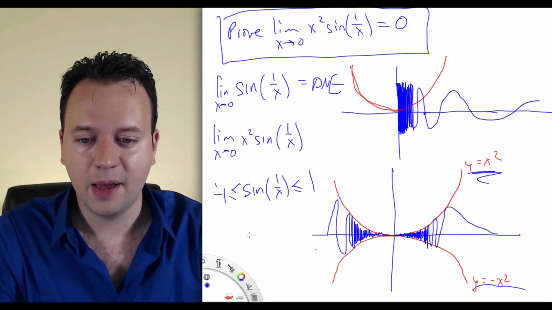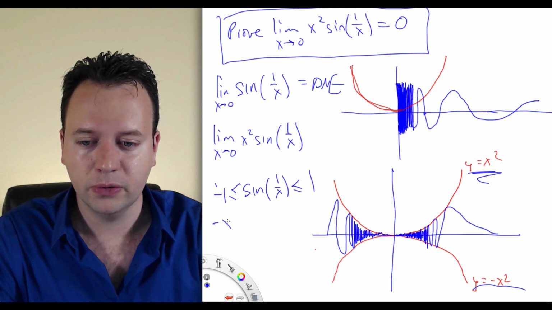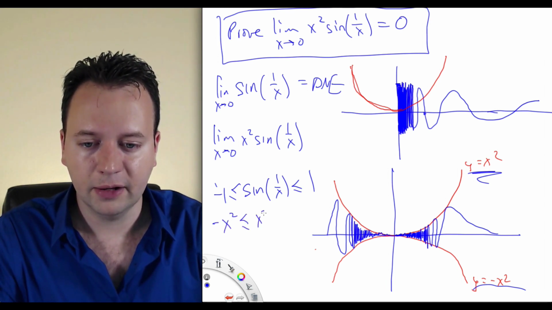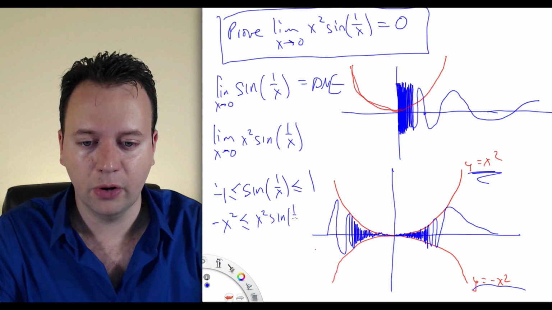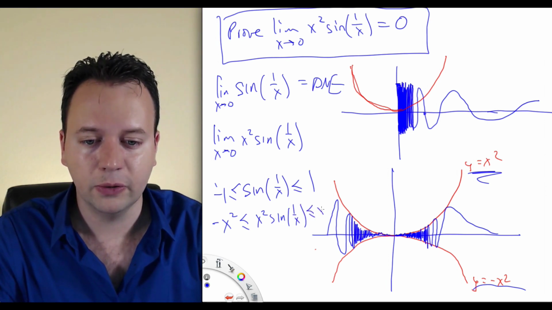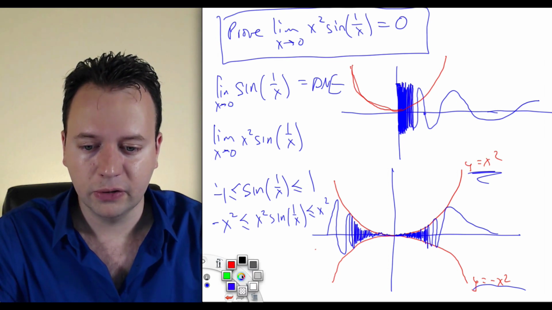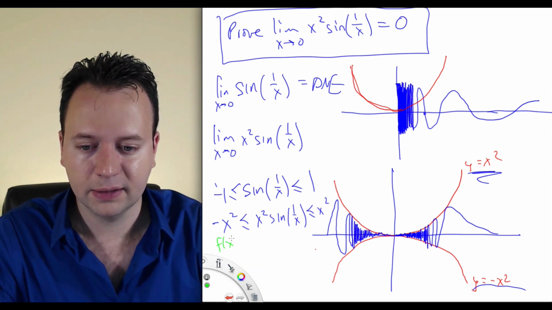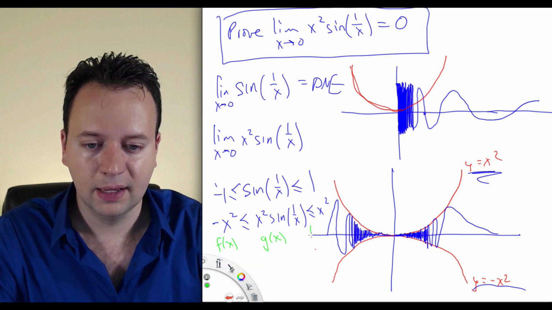So when we multiply it by x squared, the same thing has to be true. X squared times the sine of 1 over x has to be greater than or equal to -x squared and less than or equal to +x squared. So this gives us our f of x, our g of x, and our h of x.